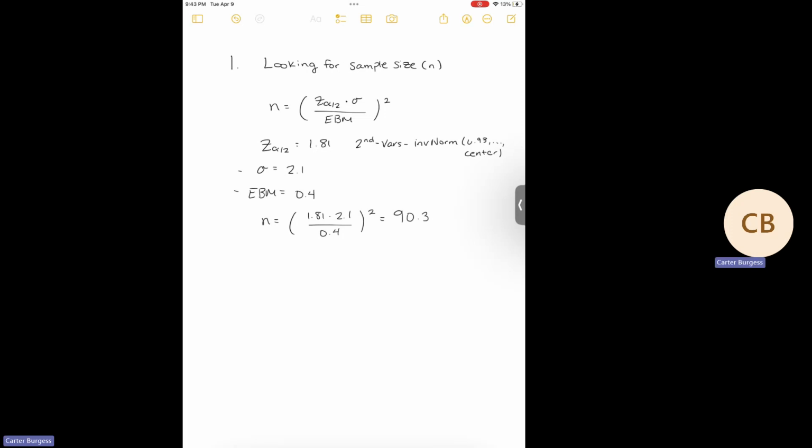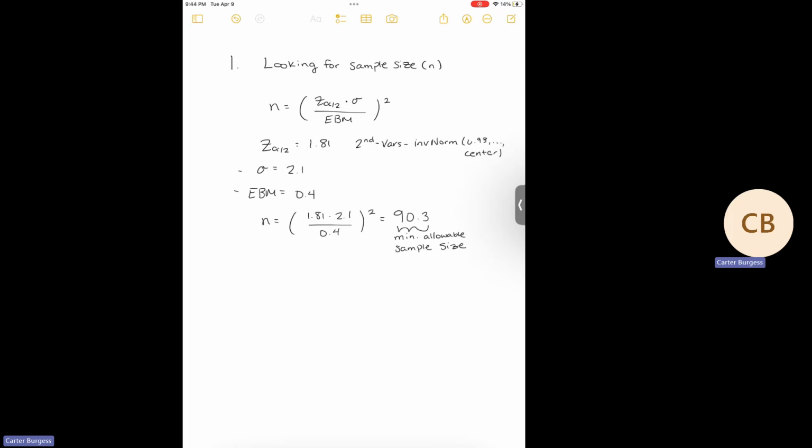Now, 90.3 is not a sample size that we can take. In fact, this is the minimum allowable sample size. As long as we're bigger than 90.3, we are in the clear, right? We could use 100 and we'd be perfectly fine.